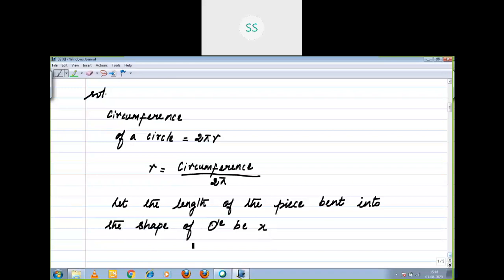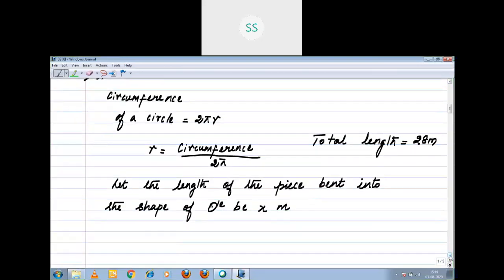And the total length is 28, that is given to you. You have to remember that total length equals 28. Here it is x meter. The measurement is given to you in terms of meter, so you have to represent it in that way.